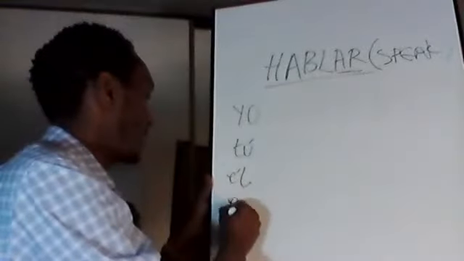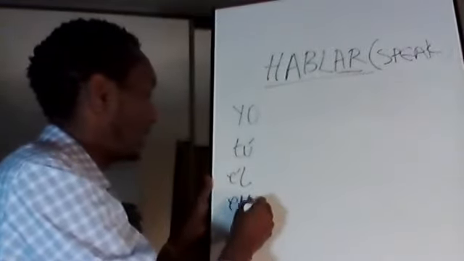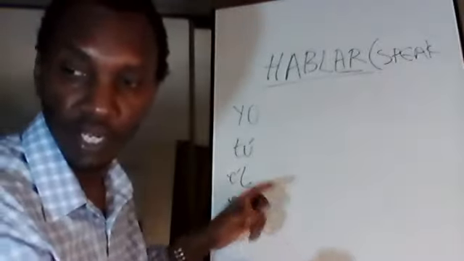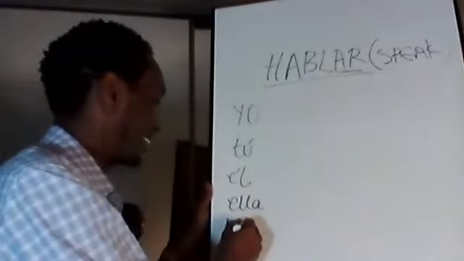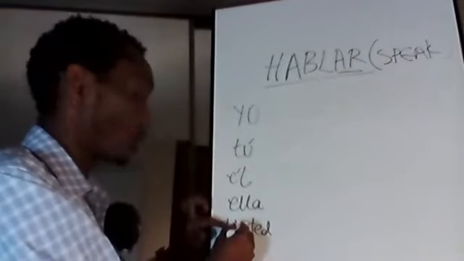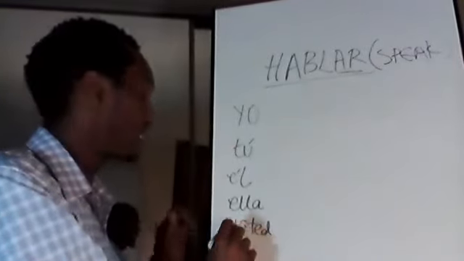Then we have ella, which means her. Then we have usted, which means you. And I'm going to cover the differences in upcoming videos. Let me see, I may have run out of space down there. So let me go back to the top of my board so that I am able to illustrate everything.